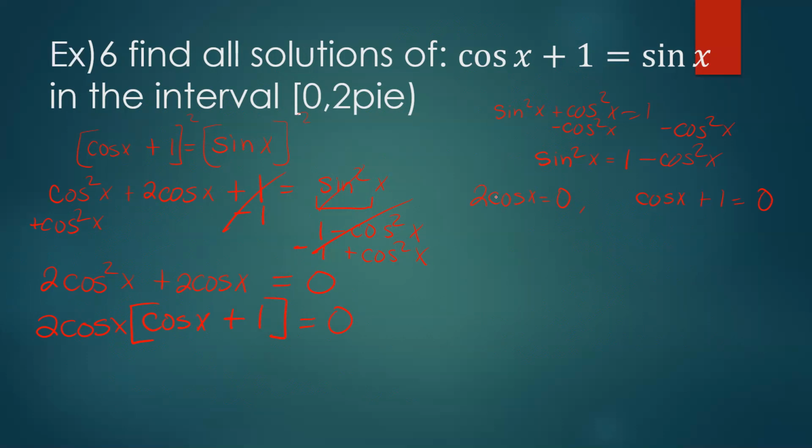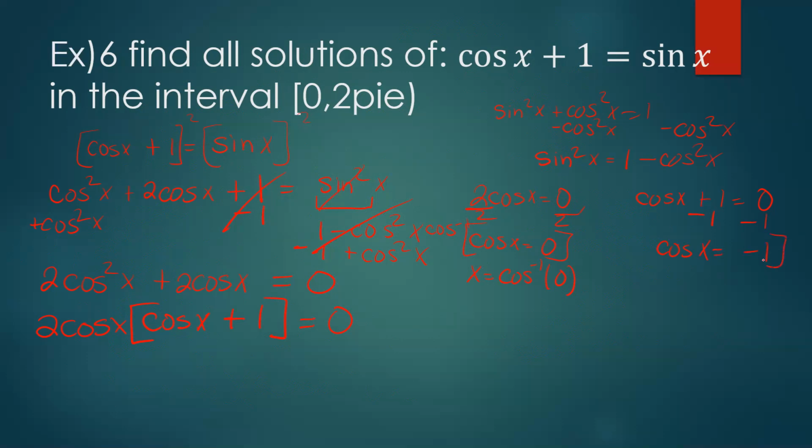And then just go ahead and try to get x by itself. So you would divide this by 2. You get cosine of x equals 0, and then you can take the inverse cosine of both sides. That would be x equals cosine inverse of 0. Here, subtract 1, we get cosine of x equals -1.